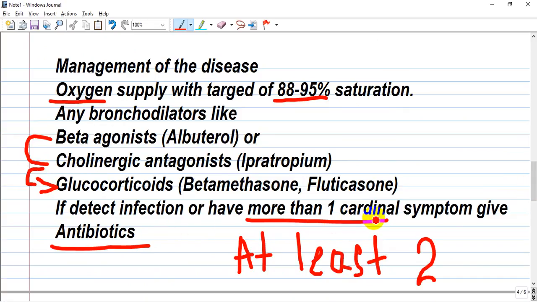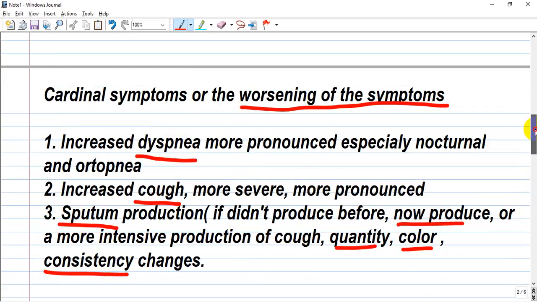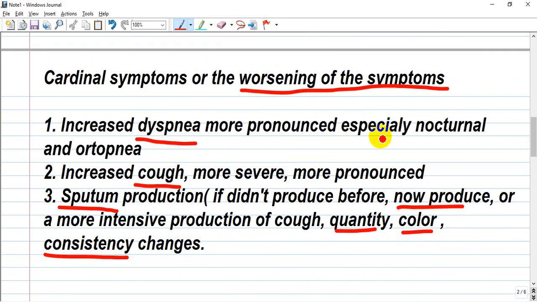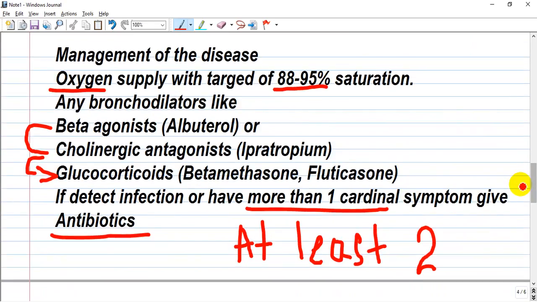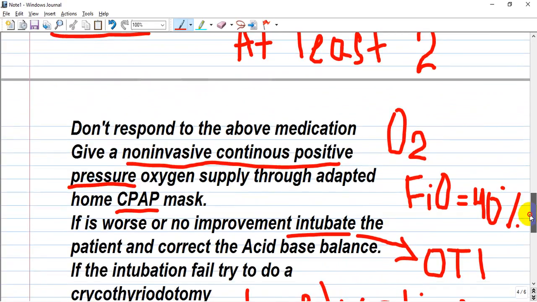Also, if you have more than one cardinal sign, let's review them: dyspnea, changes in dyspnea, cough, and sputum. So if you have any changes, more than one means at least two components, like sputum and cough.